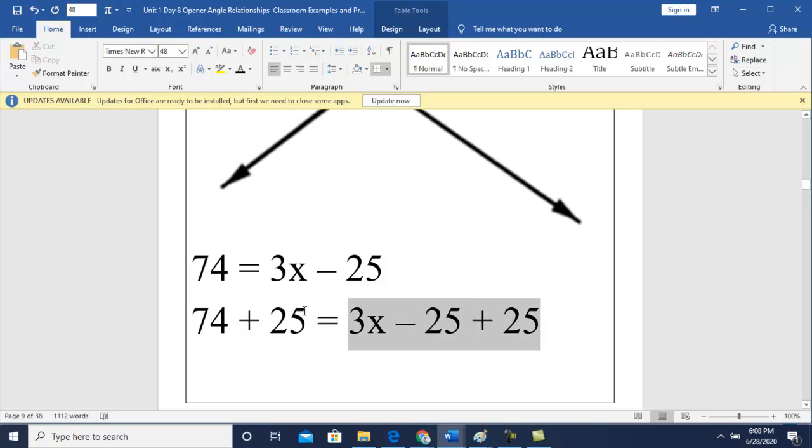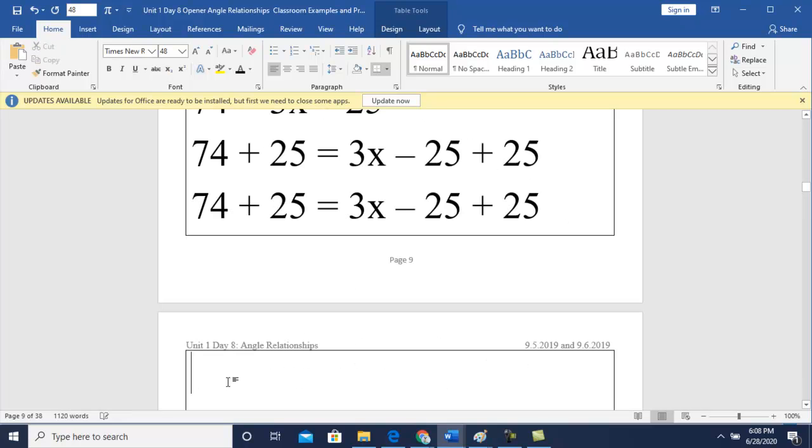We're practicing our communication skills, communicating using math to show the people watching how to solve the equation. On the right side, the 25s cancel out. On the left side, we take 74 plus 25. If you can do that without a calculator, that's great, but if you need assistance, that's fine. 74 plus 25 gives you 99.